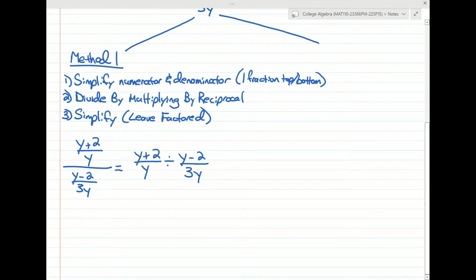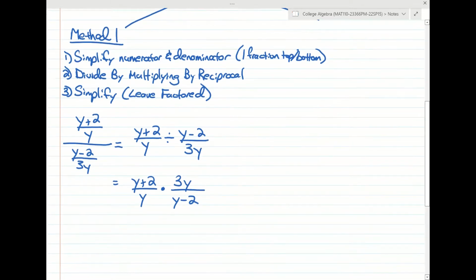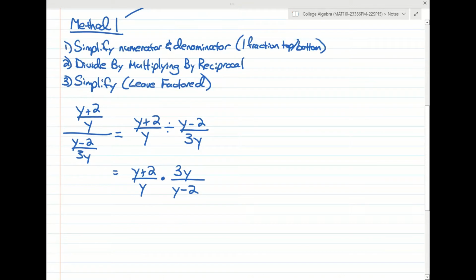The second step is you divide by multiplying by the reciprocal. So what we do is we say y plus 2 over y times 3y over y minus 2. That would be the second step. And then the third step is to simplify. When we multiply a fraction, we just go straight across.